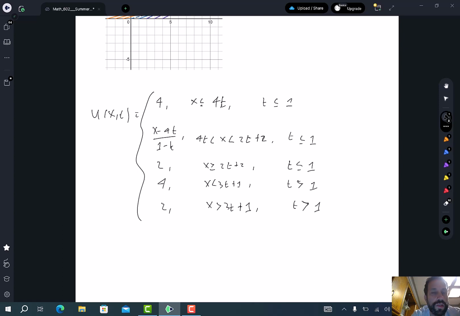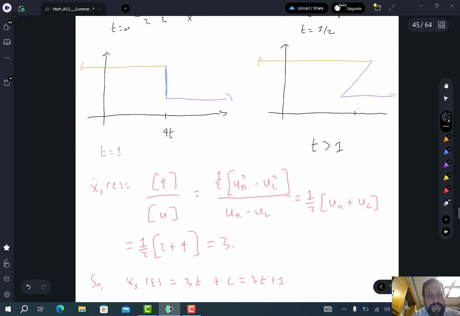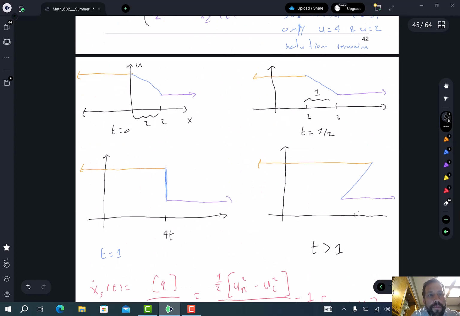Then we have this graphical analysis to explain what's going on, and it indicates that we forget about the blue part, the linear interpolation part, at the shock wave or after t equal to 1, and so we just have 4 to the left and 2 to the right. Okay, that's it for this video.